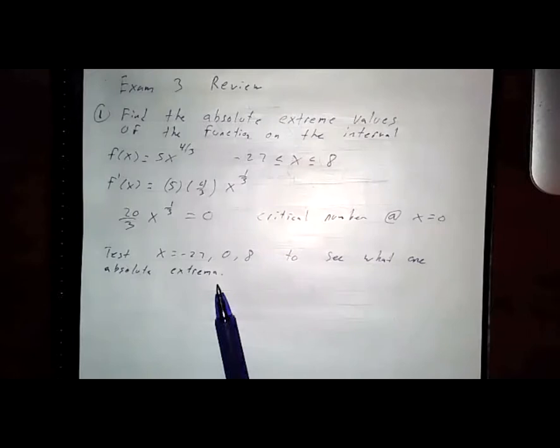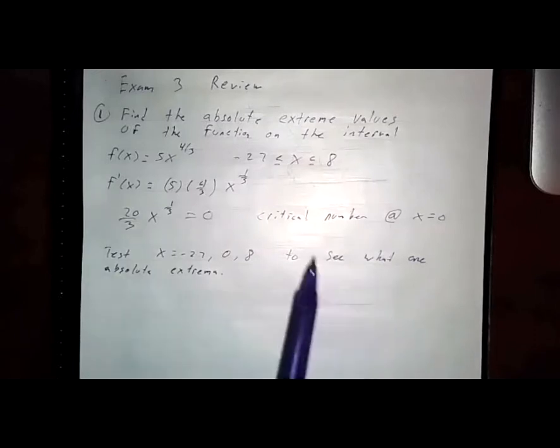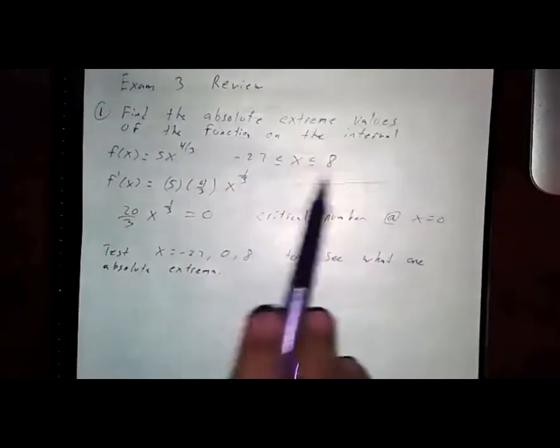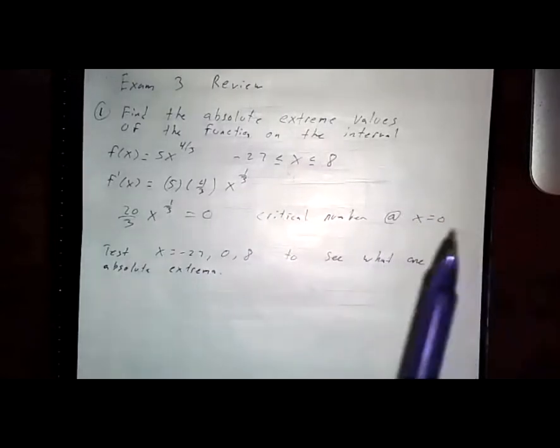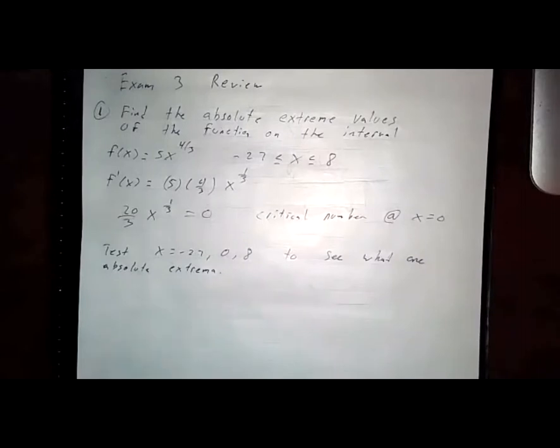Yeah, so sorry. Since these are all bounded, it's a little easier to figure out what's going on. And they didn't ask for increasing or decreasing. So you just got to plug them in and find out what's going on.